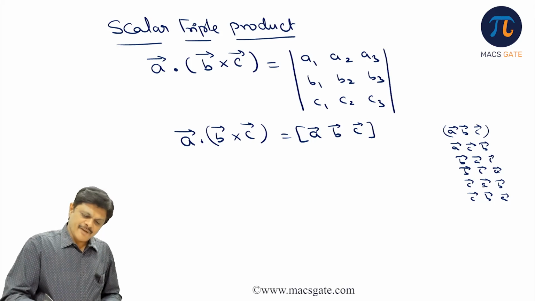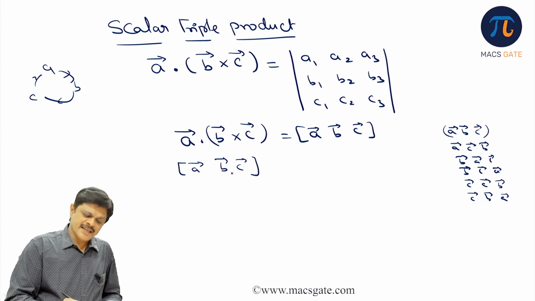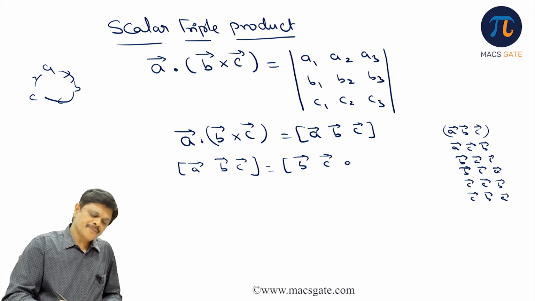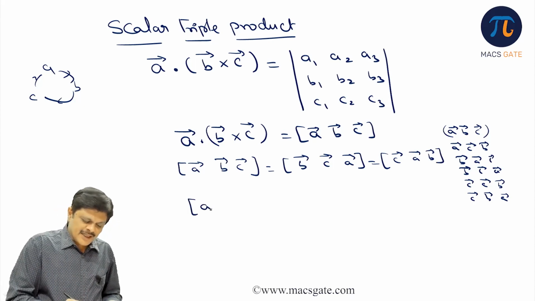Out of these 6, the 3 cyclic ones, that is ABC, BCA and CAB: when you go in the cyclic order, the answer is the same. That is A to B, B to C, ABC is the same as BCA, and the same as CAB. As long as it is cyclic, the answer is the same.